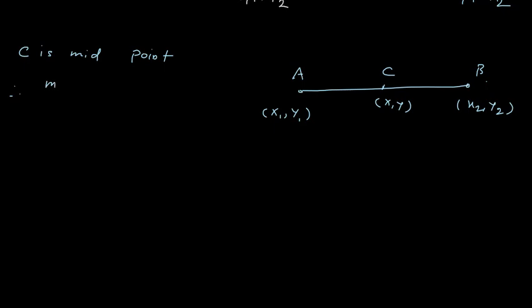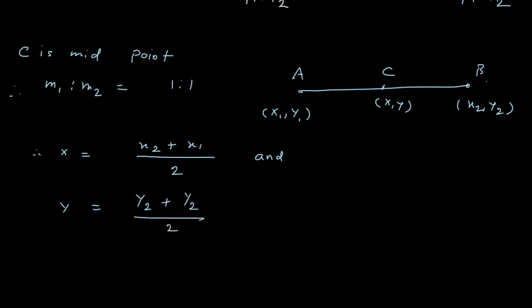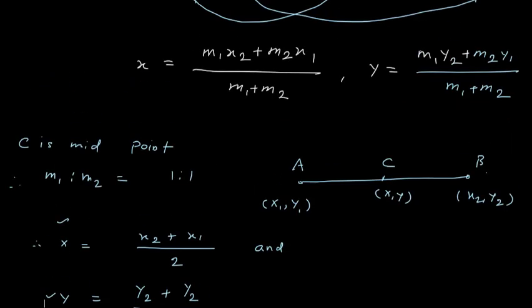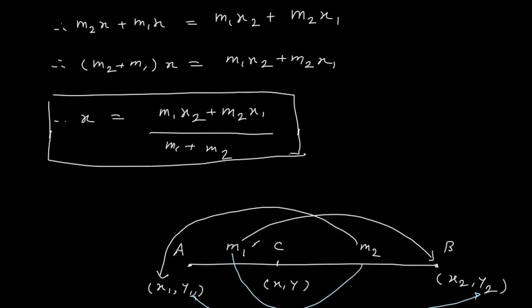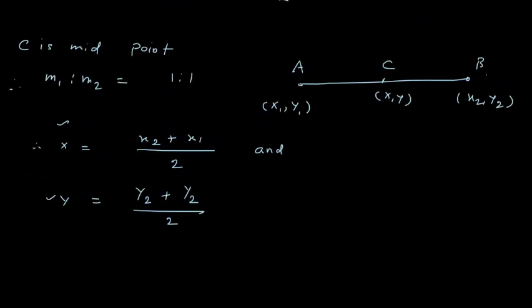So C is midpoint, therefore m1 ratio m2 is 1 ratio 1, so x is equals to 1 into x2, that is x2, plus 1 into x1, that is x1, divided by 1 plus 1 is 2, and you will find y is equals to 1 into y2 plus 1 into y1. So this is y2 plus y1 divided by 2. So the value of x and y you can find out using these two formulas. Perfect. Okay, so this is how you get x and y, right?